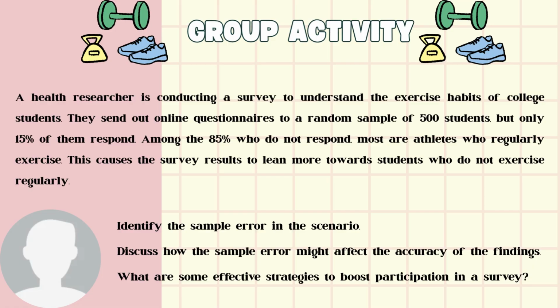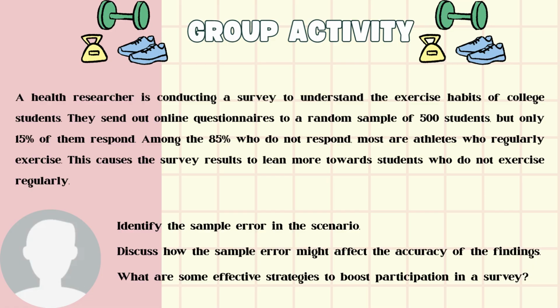The scenario goes: a health researcher is conducting a survey to understand the exercise habits of college students. They send out online questionnaires to a random sample of 500 students, but only 15% of them respond. Among the 85% who did not respond, most are athletes who regularly exercise. This causes the survey result to lean more towards students who do not exercise regularly.